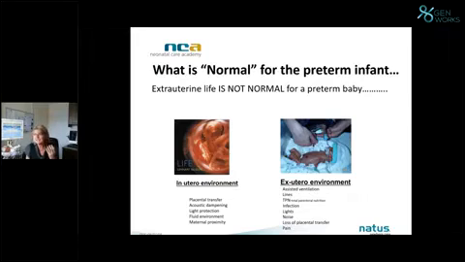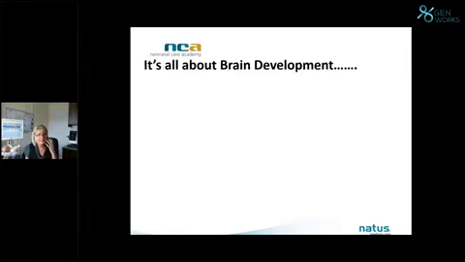So while we've got this baby in the NICU, what is actually happening in the background? Well, let's think about brain development. Think about the anatomy, physiology, and embryological development of the brain. So if we think of a baby at 24 weeks, this is probably what their brain looks like. It's very small, it's not so heavy, it's got very little gyral formation, gyral folding within it.